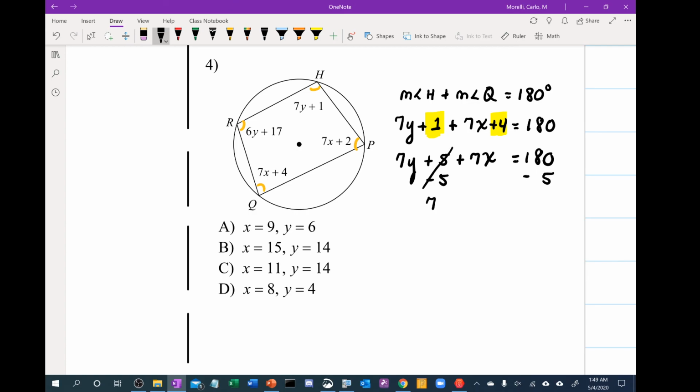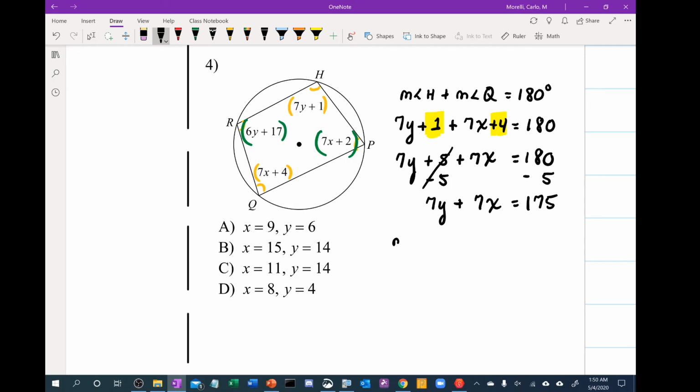And so we have 7y plus 7x, this is a linear equation, equals 180 minus 5 is 175. Okay, so that's the first one. So we've taken care of these two. So now we're moving on to the next pair, which would be 6y plus 17 and 7x plus 2. Remember, those have to add up to be 180 as well.